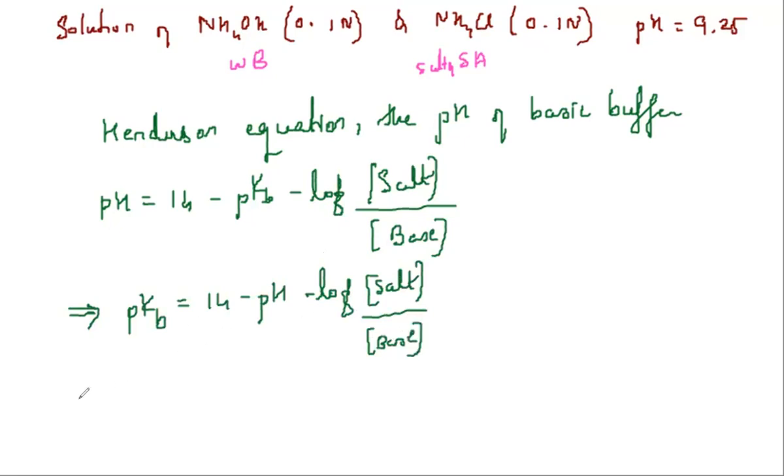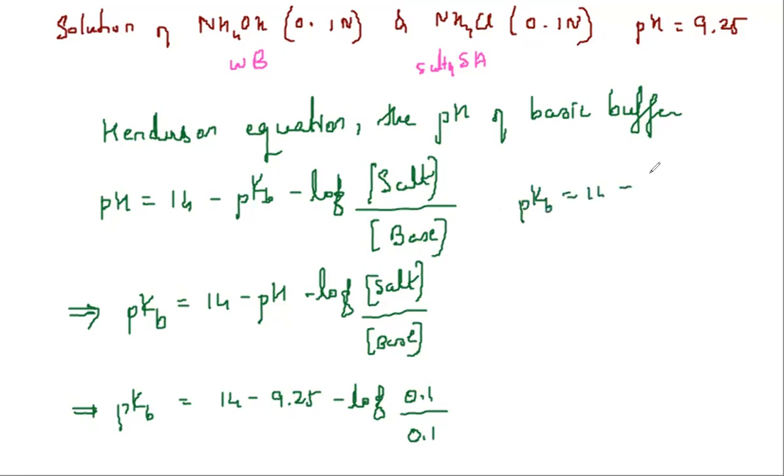Correct? Therefore, pKb is equal to 14 minus the pH, 9.25, minus log of the concentration of salt, NH4Cl, 0.1, upon the concentration of base, 0.1. So it cancels and comes out as 1, and log 1 is 0. Therefore, pKb is equal to 14 minus 9.25.